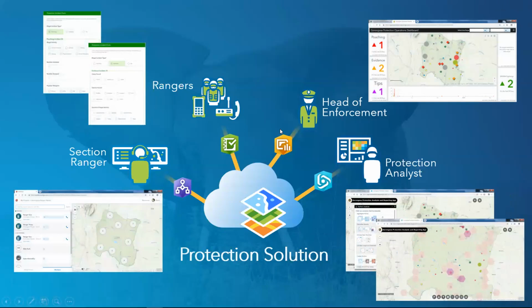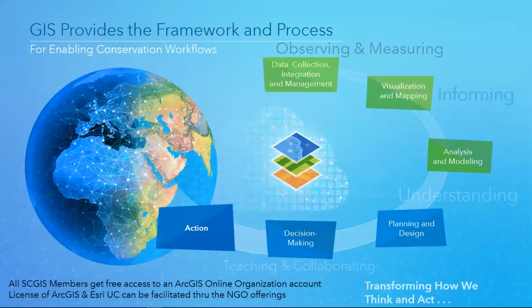And then protection solutions. So these are all just examples of how these different components can be put together to create different solutions that have applications that are focused to achieve specific workflows. So in summary, basically ArcGIS provides the framework and process really for enabling these conservation workflows.